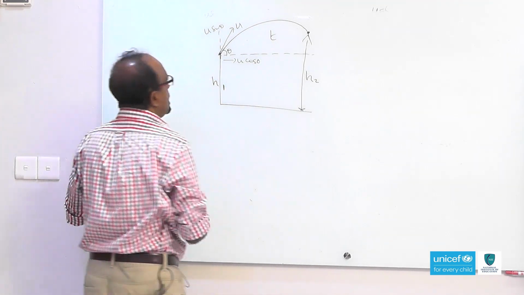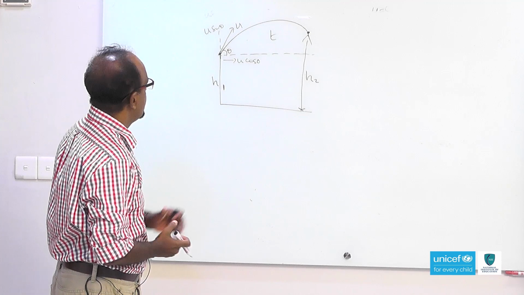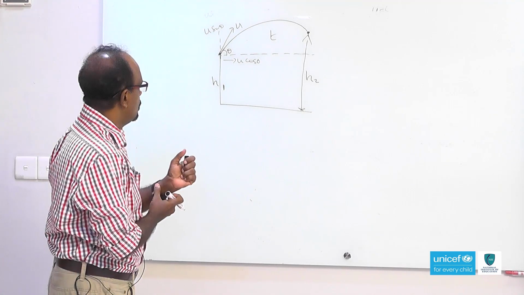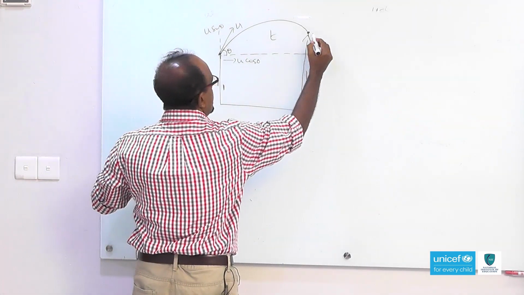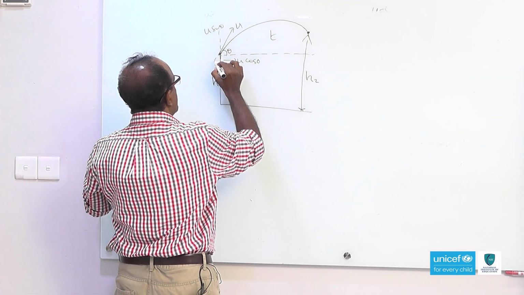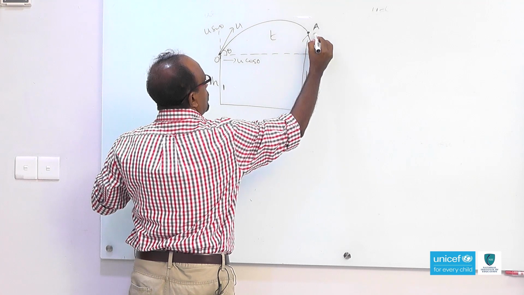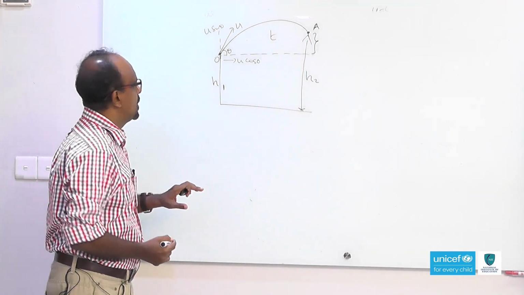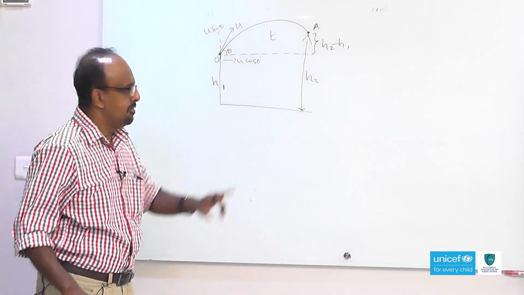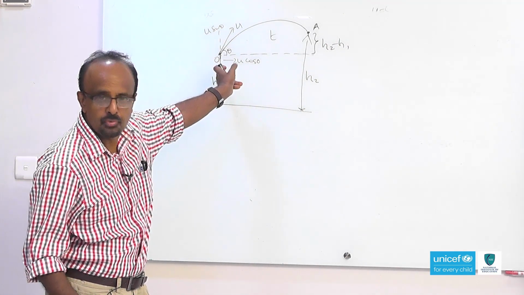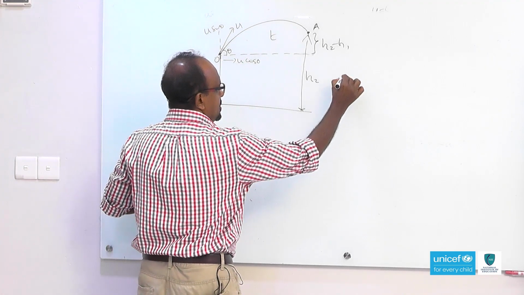Suppose you want to find the time, or some unknown term, and everything else is given. Then if the body is moving from O to A, the vertical height we have to take as h2 minus h1.